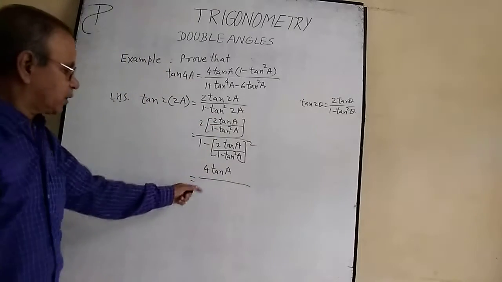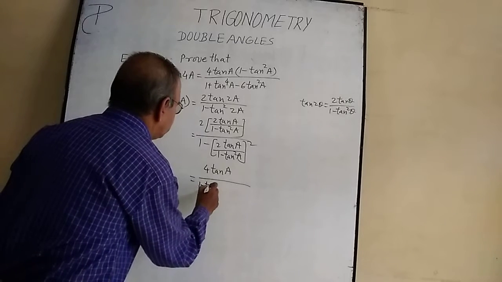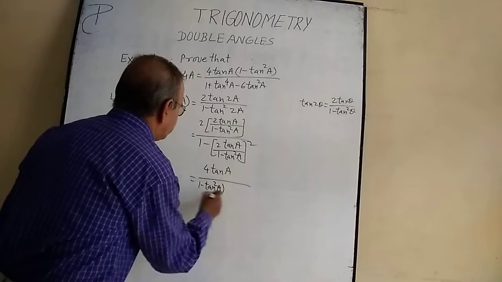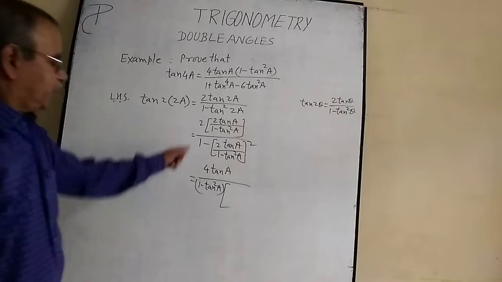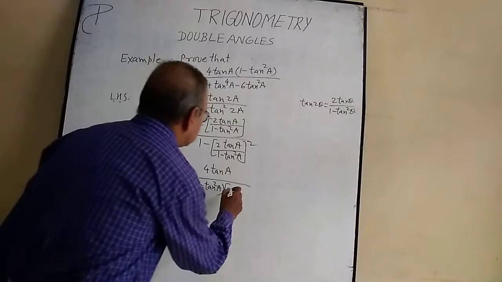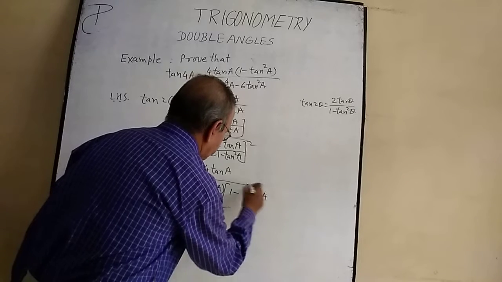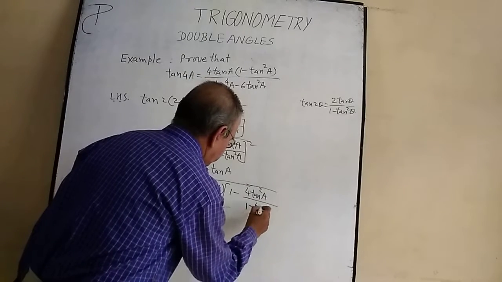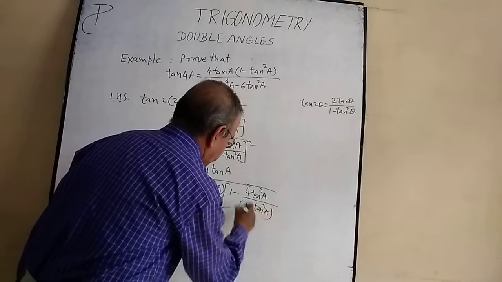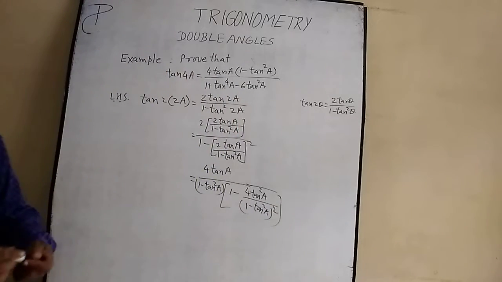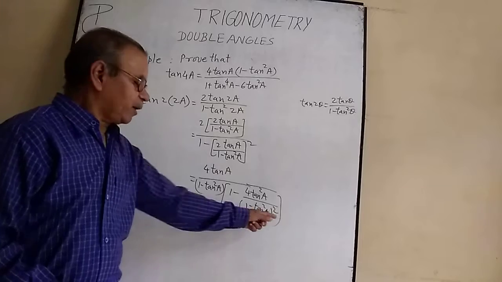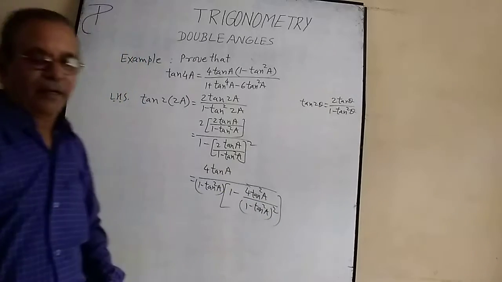This denominator is coming here in the denominator, and this is written as 1 minus 4 tan square a upon 1 minus tan square a whole square.